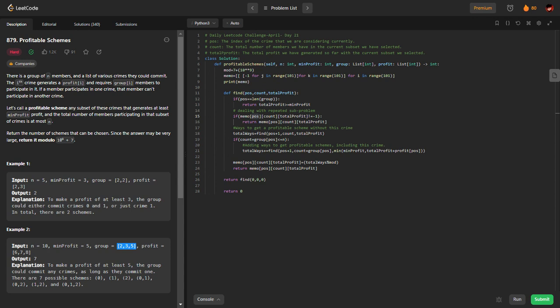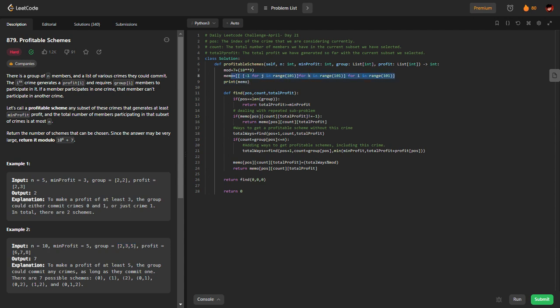Now coming to the subproblem: at any position, we have two options, either to do that particular crime for that index, or to not do it. So, dealing with the repeated subproblem, we are using a memoization approach. We are storing the answers.